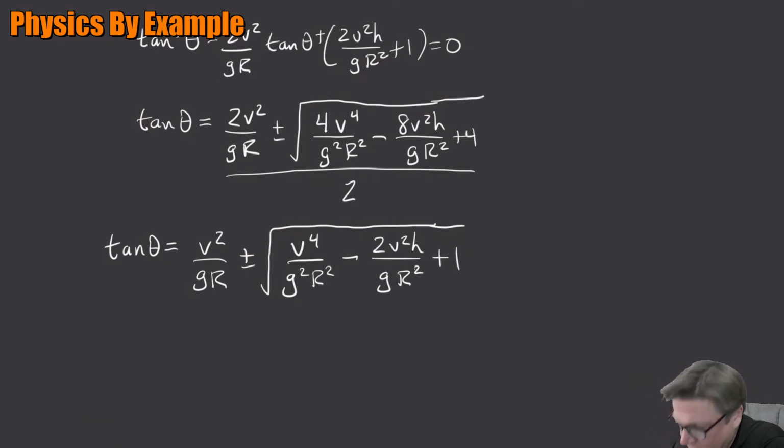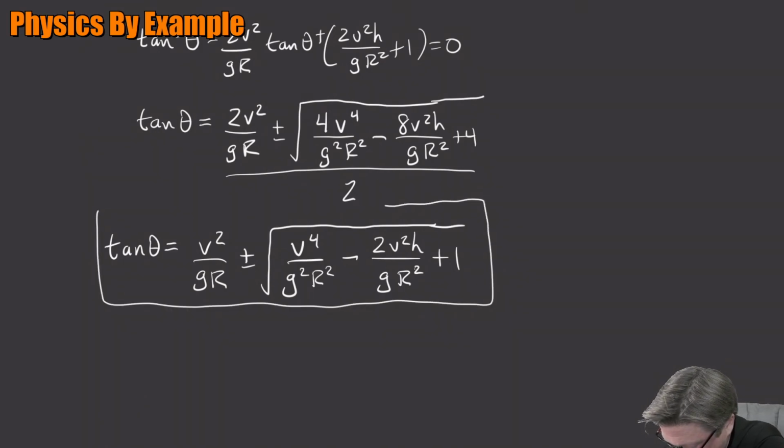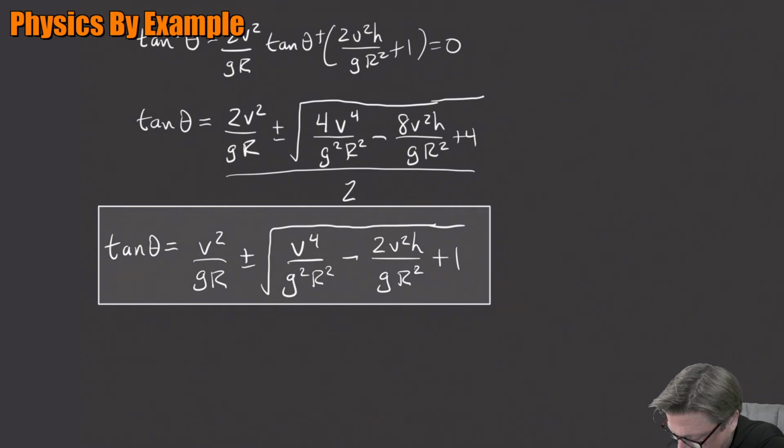Okay, so this is kind of it, right? Here we go. How about that? That looks like a mess. But the point is, we've completely solved the whole thing. If it's a cannon or something, we'll know our muzzle speed, our velocity out of the gun. That's our V. R is the horizontal range to the target.